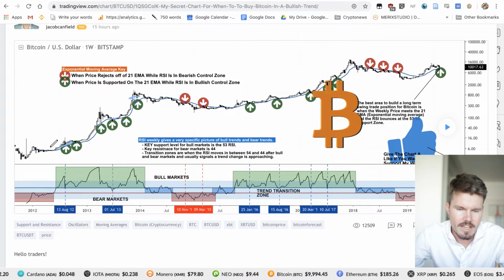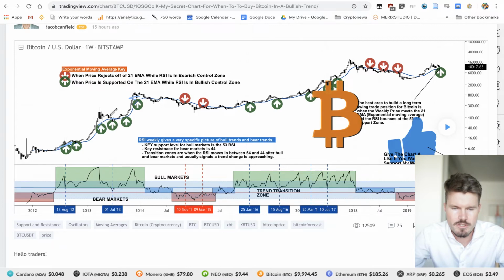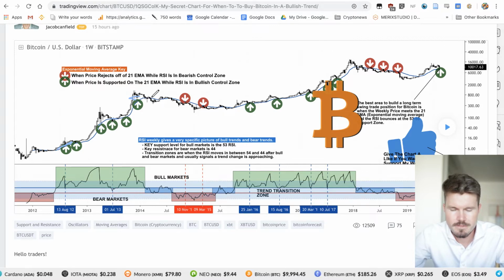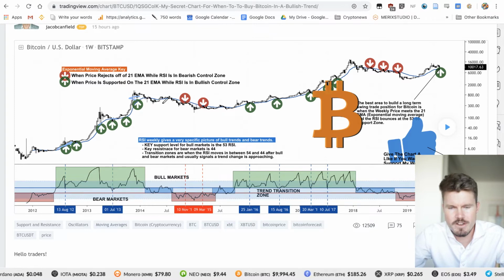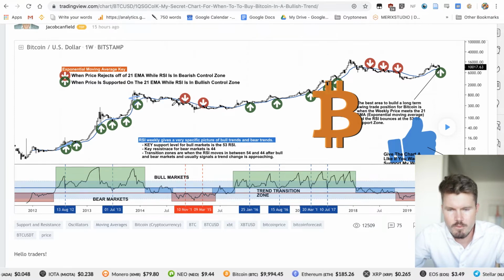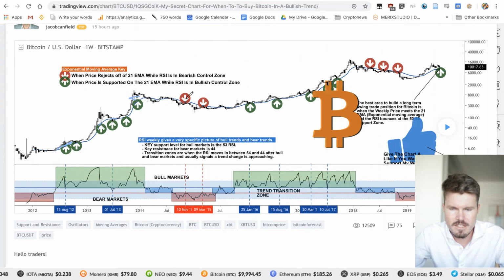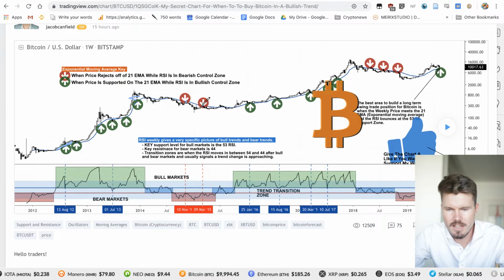So the chart is above the exponential moving average during the bull trend, and during the bear trend, the price of the chart will be underneath this moving average, with the price sometimes going up and barely touching the line from the bottom.